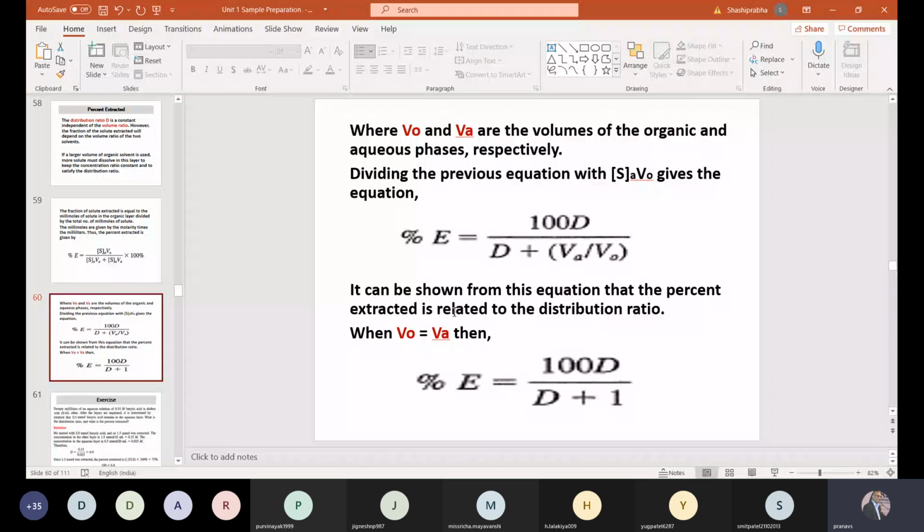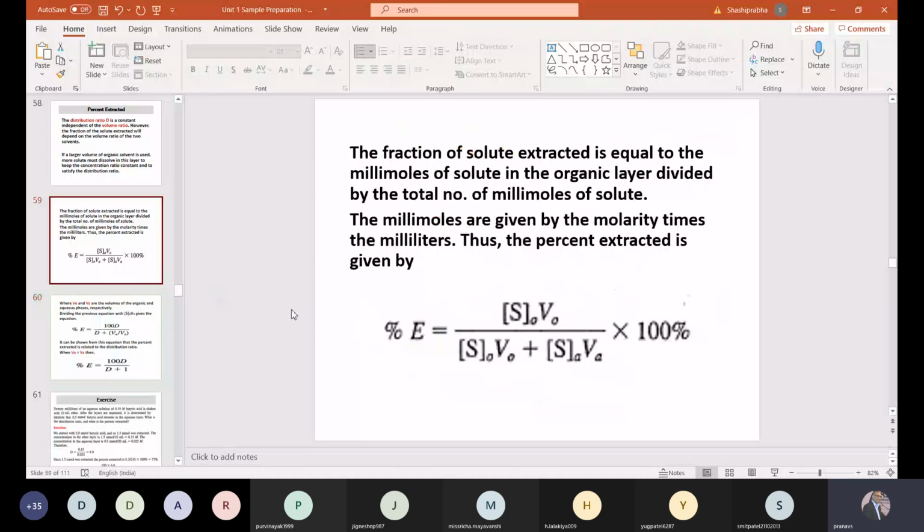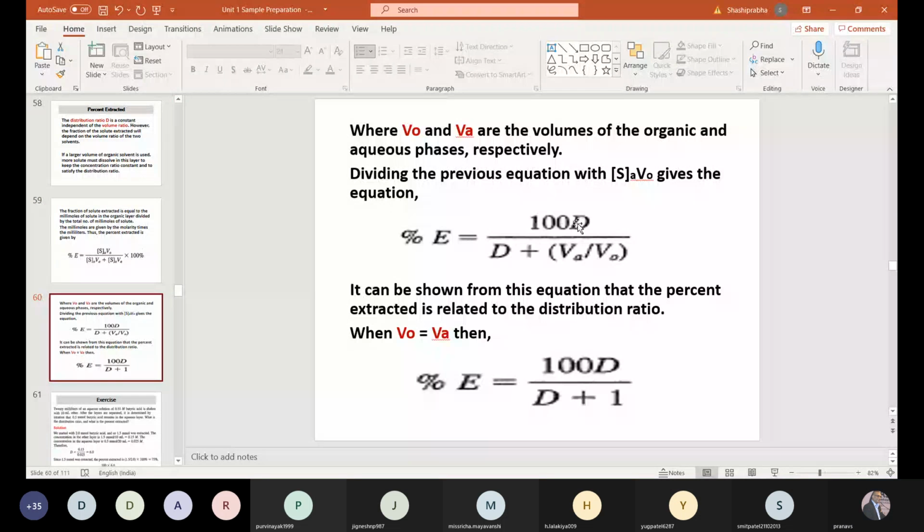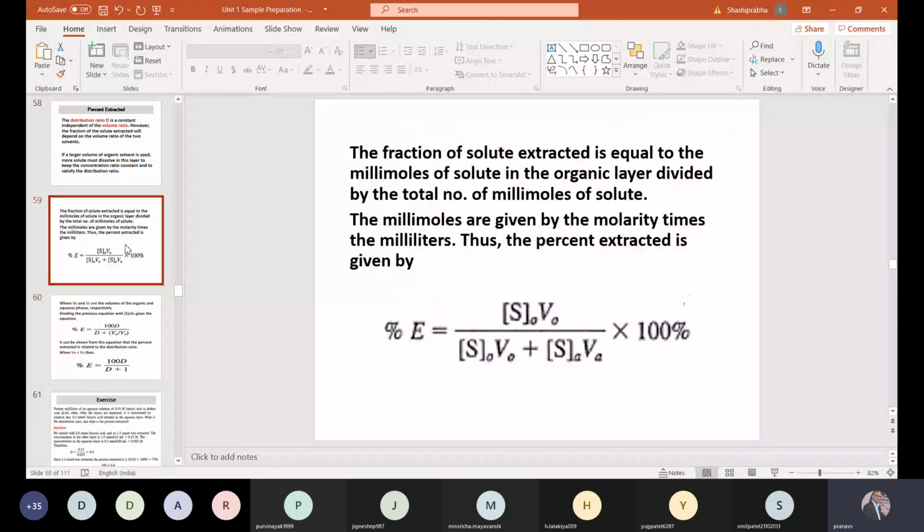Now, if we divide this previous equation by S_A V_0, if you divide all the terms here, what we get is D, again D here because this is the same S_0 V_0.